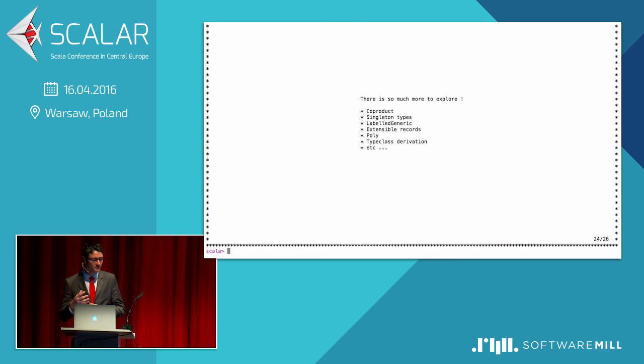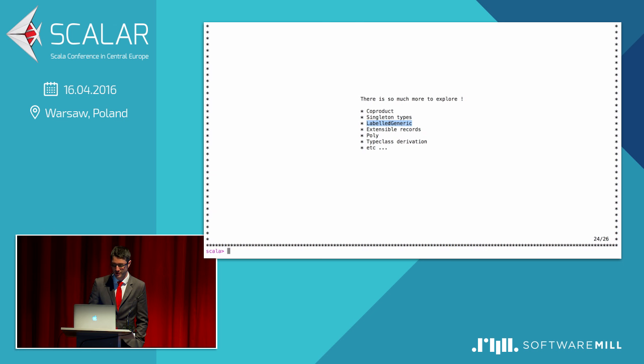Of course, there is much more in Shapeless. There is this coproduct thing that is the dual of HLists. So along with HLists and coproduct, we can represent any case class or family of case classes. There is a thing called singleton types that enables labeled generic. It's a generic representation where you keep the names of the fields.